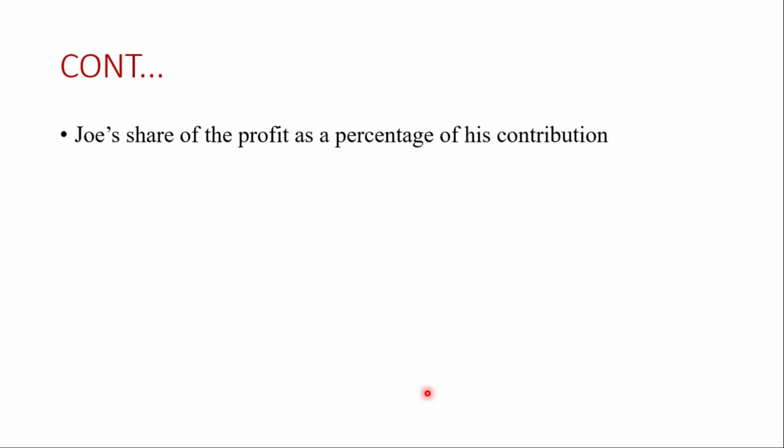Alright, so we answer the question. Joe's share of the profit as a percentage of his contribution. We know this is the profit of Joe, the share, all over his contribution, which was 6,300.